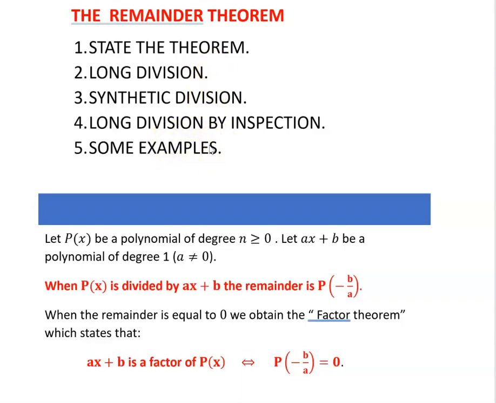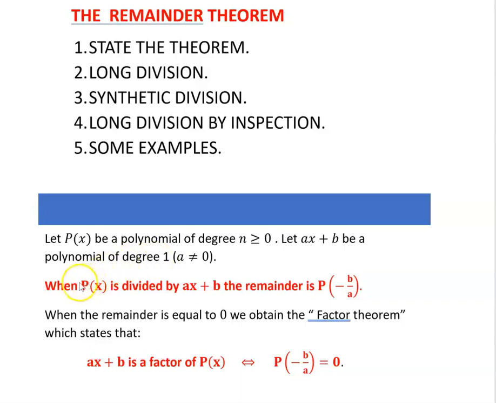We'll start by first stating the remainder theorem. And so we let p of x be a polynomial of degree n, where n is greater or equal to 0, and we let ax plus b be a polynomial of degree 1, sometimes called a linear polynomial or a linear factor.